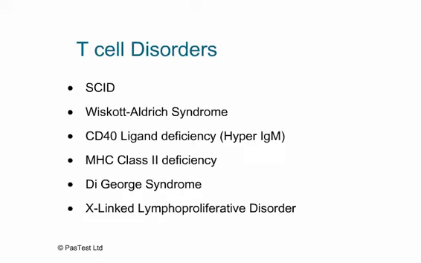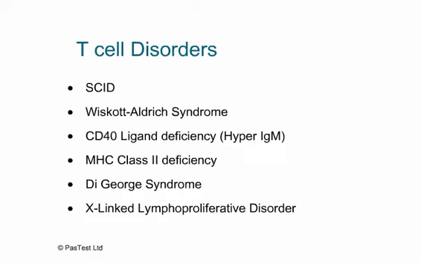MHC class II deficiency, you can imagine the importance of MHC class II in that it's critical to allow the activation of T cells, and therefore it's not surprising that these children have a clinical phenotype very similar to SCID. DiGeorge syndrome, we will talk about later on, but most children with DiGeorge have some degree of T cell disorder.